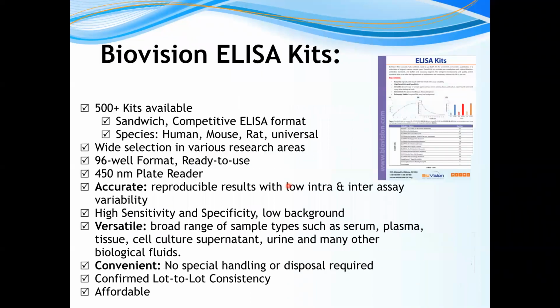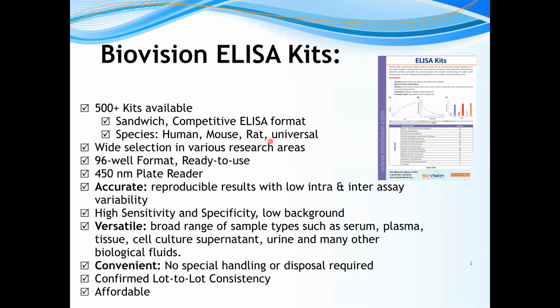Moving forward, I would like to talk about the BioVision ELISA kit portfolio. BioVision offers more than 500 ELISA kits. They are mostly available in sandwich or competitive ELISA formats, and commonly for human, mouse, and rat species.